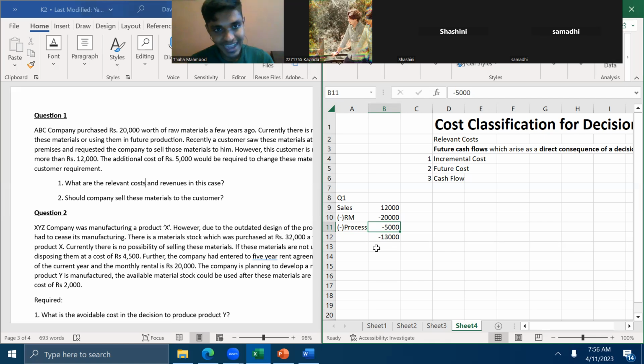And it's a cash flow. This raw material cost, is this an incremental future cash flow? No, right? We have already incurred this. In the future, we are not going to incur any cost with regards to this. Therefore, it's sunk cost.